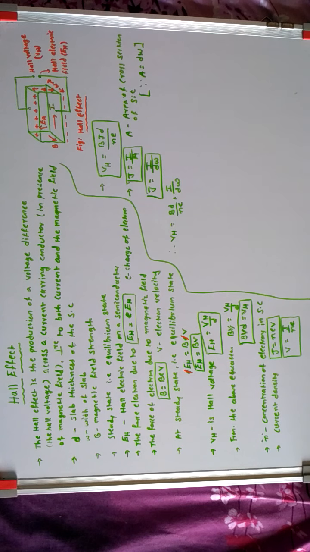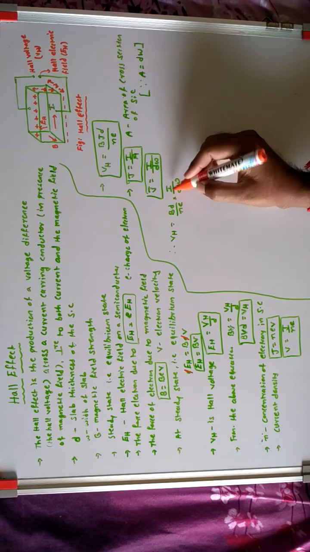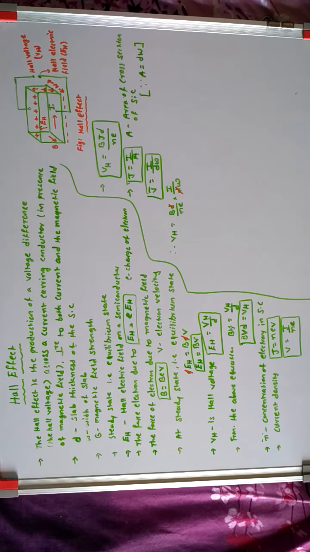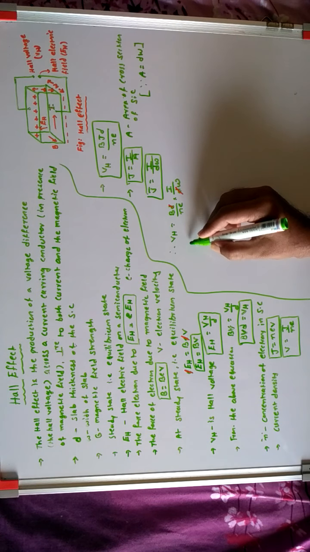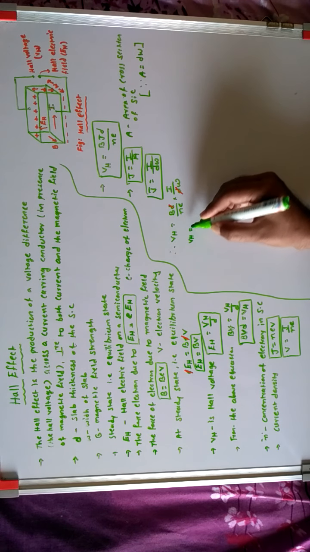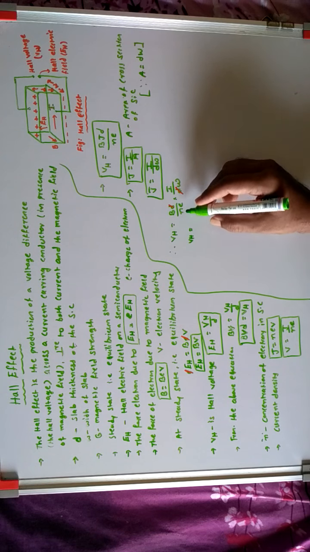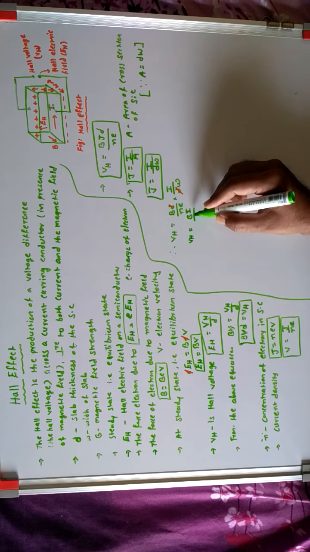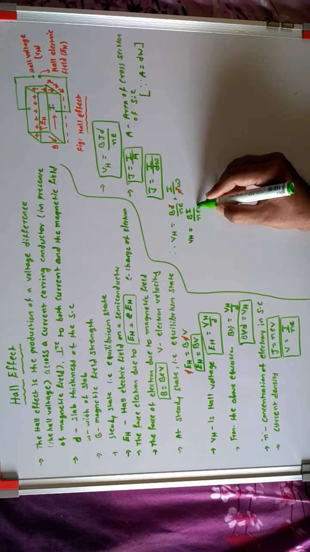Here D cancels, so VH equals BI divided by neW.